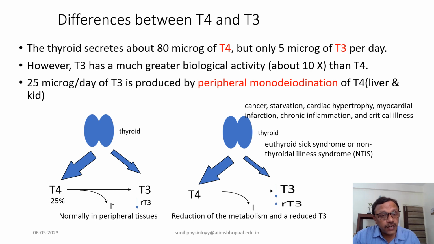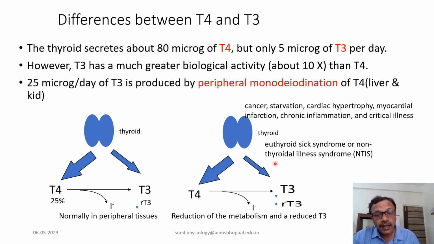So 25% of the T4 is converted into T3 when one iodine is removed, and a small amount of reverse T3 is also formed.